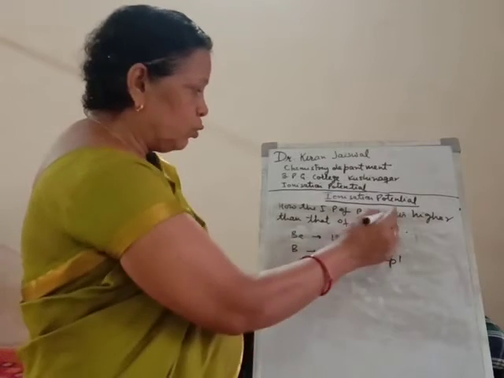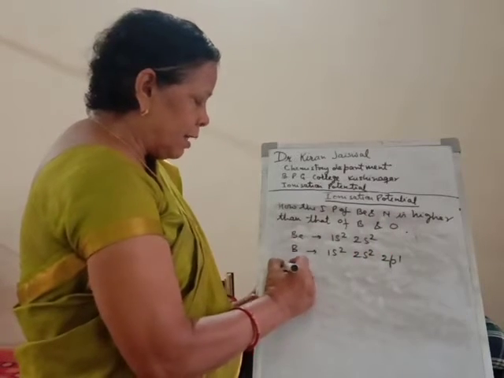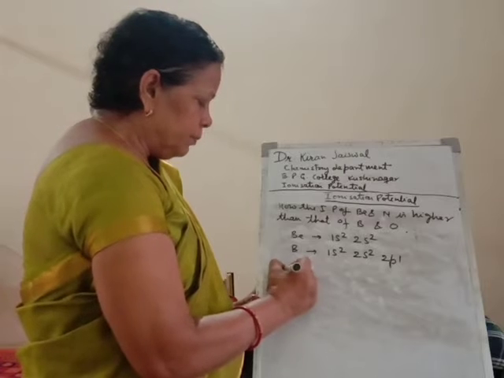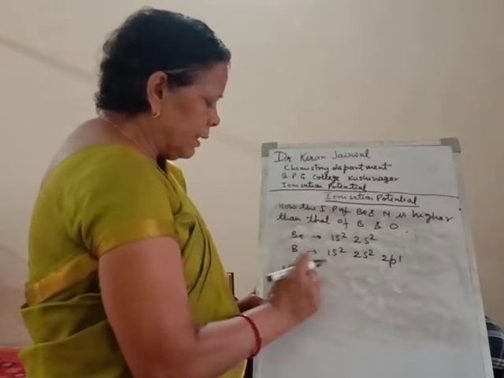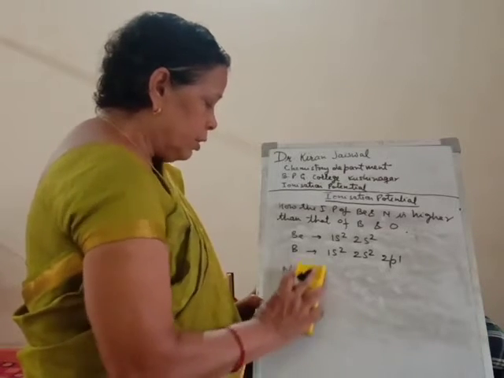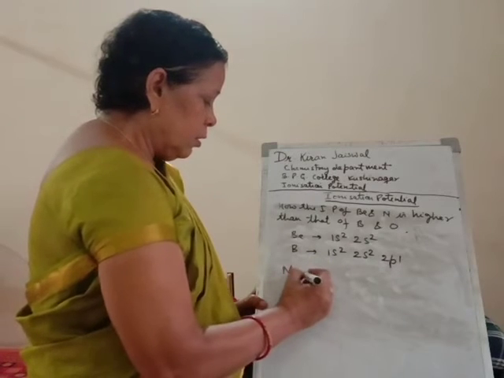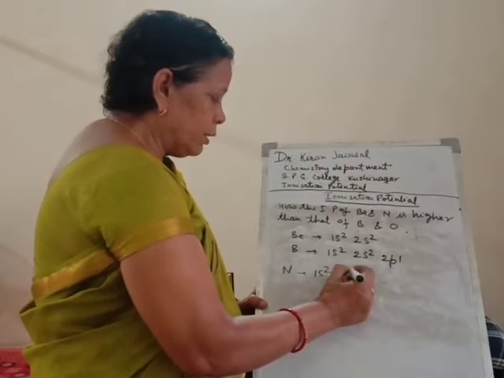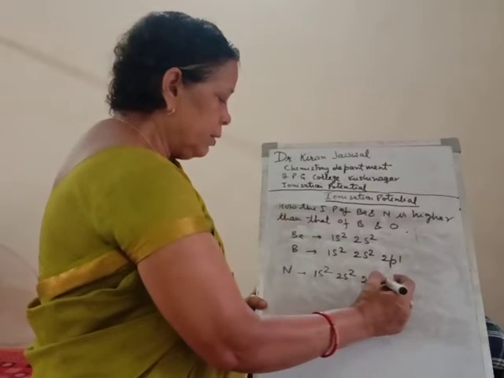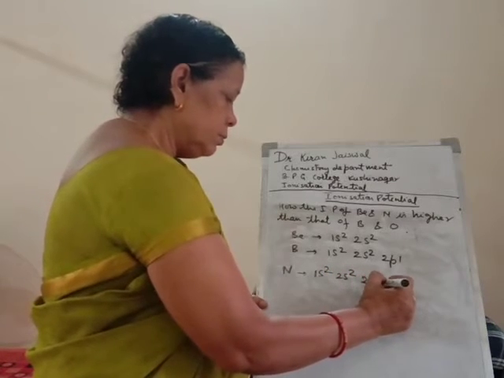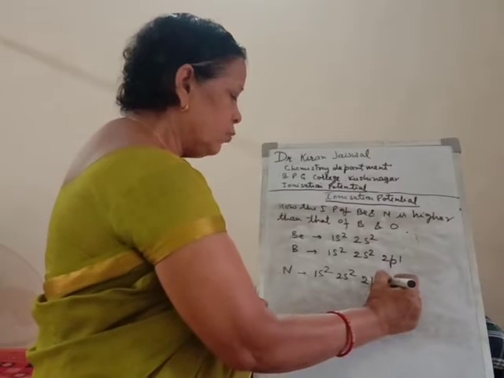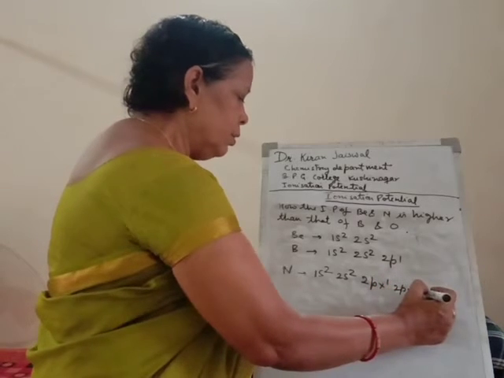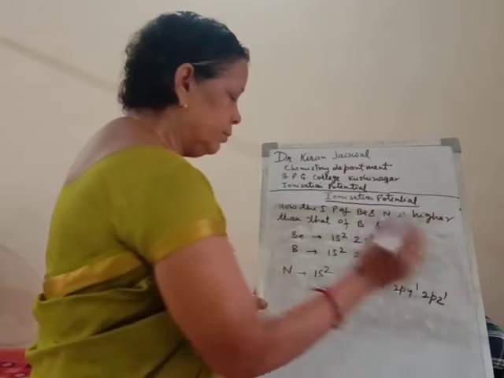Similarly, in the case of nitrogen and oxygen, the electronic configuration of nitrogen is 1s2, 2s2, 2px1, 2py1, 2pz1.